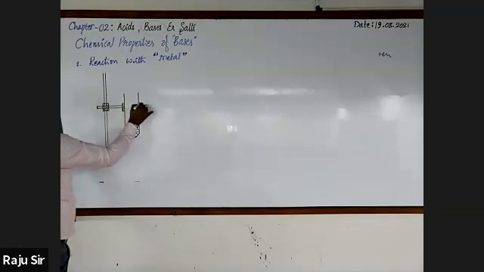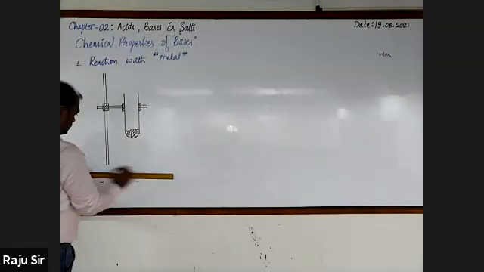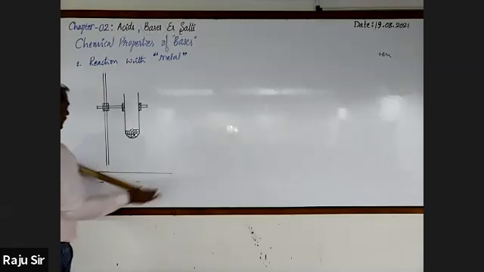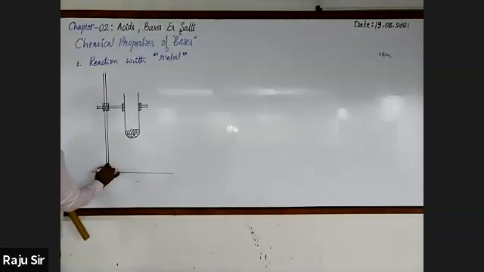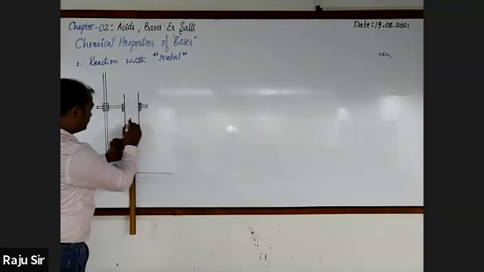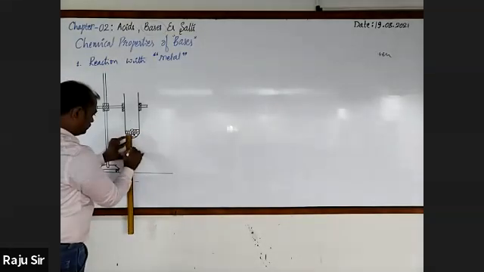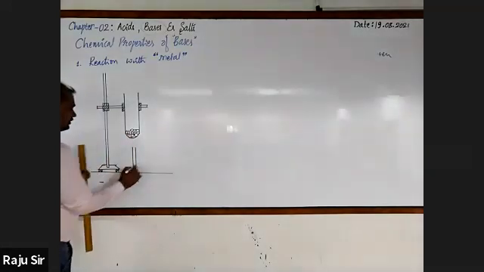The test tube is fitted to the iron stand. Here, this is an experiment table, and on this we have placed the iron stand. Next, just below the test tube, draw a Bunsen burner.